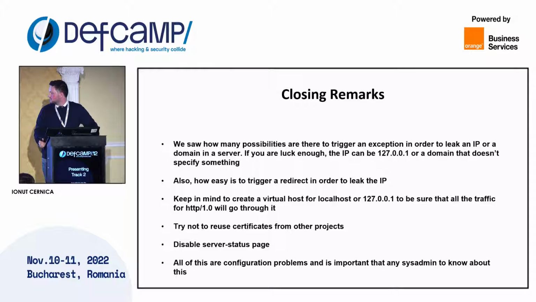And disable the server status on Tor, because by disabling it, you cannot see the requests to the server anymore, and maybe someone can leak the IP through them. And just pay attention to the exceptions and forbidden and not found pages, because those pages can leak the IP as well. Thank you.